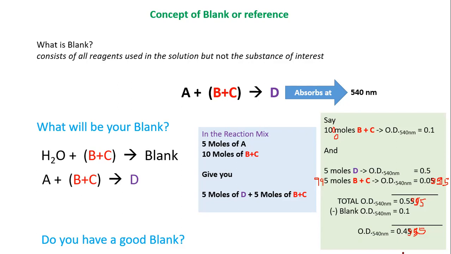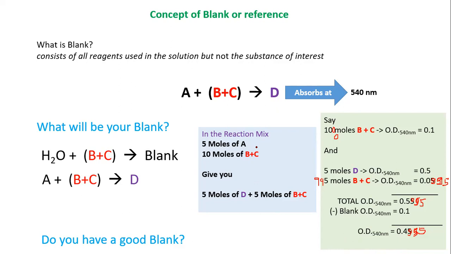You are interested in quantifying protein by, say, Lowry's method. The concentration of protein is in micrograms, while the concentration of the coloring reagent, which is alkaline copper and Folin-Ciocalteu reagent, is in terms of grams. It's almost 1,000,000 times more than the concentration of protein. Are you getting my point?